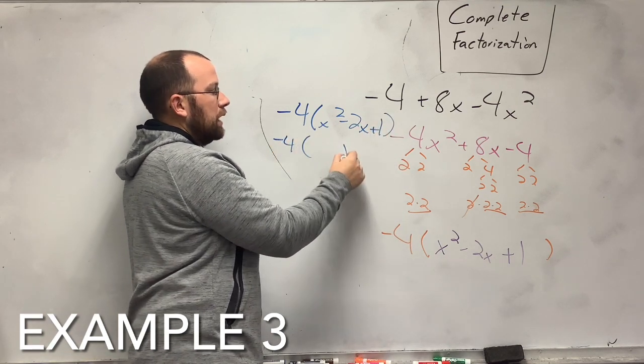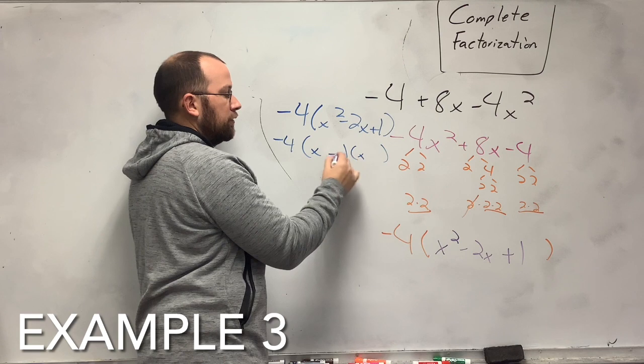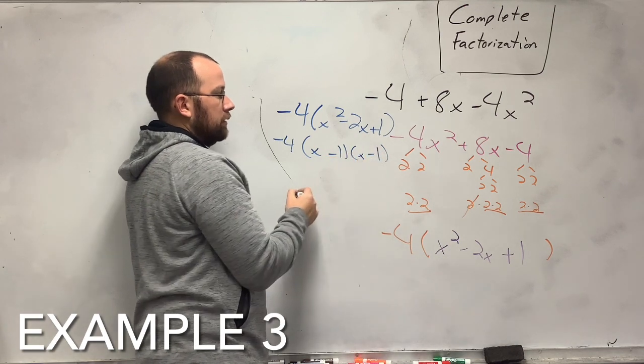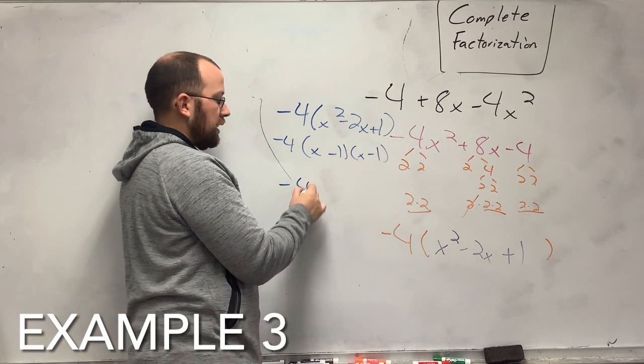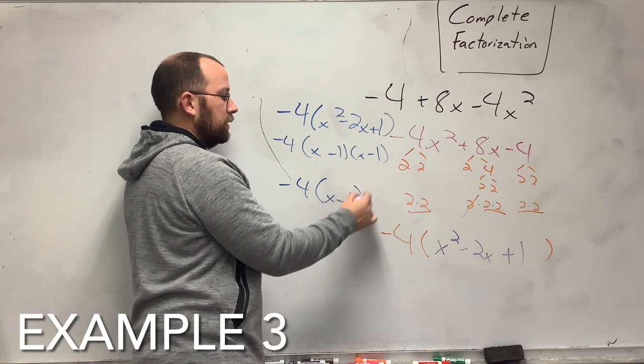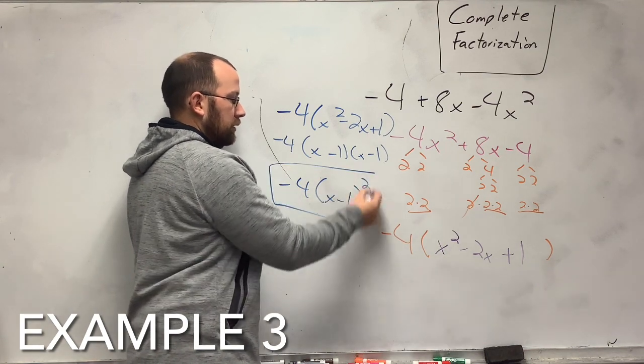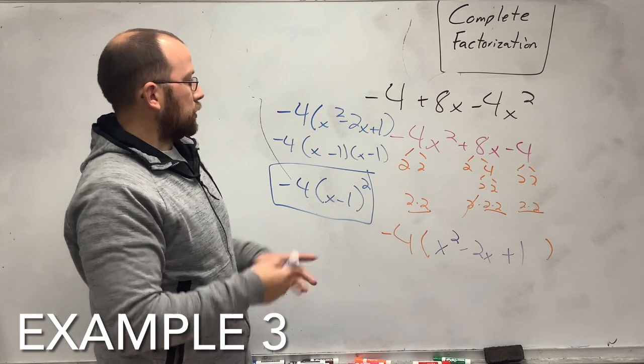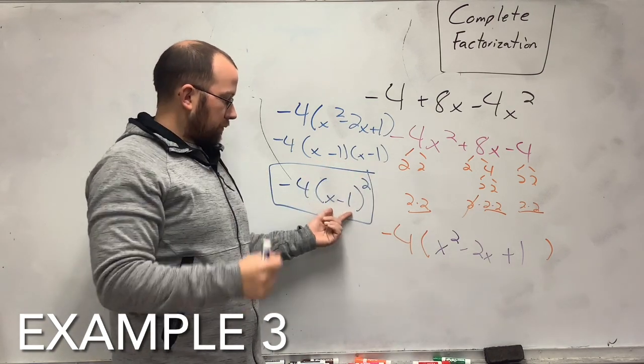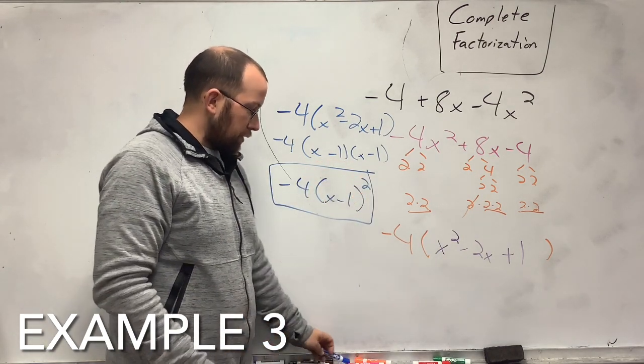Now we're going to factor, and this is a simple enough one, and we'll simplify it even further down. Whenever you have the same two binomials, combine them and make it squared.